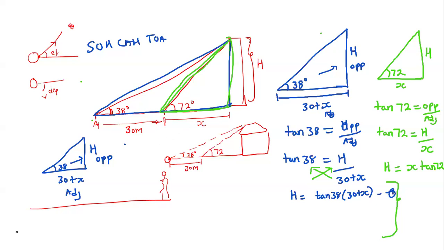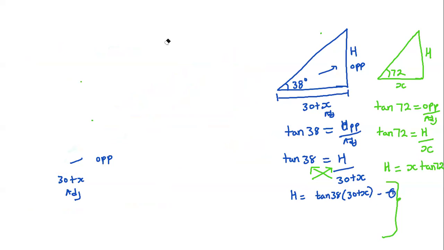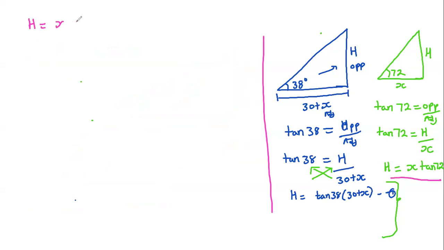So in order for me to eliminate x, allow me to first clear here. To eliminate x, you are going to allow me to use one of the equations to eliminate that x. Now, which equation am I going to use? I'm going to use this one because here we had that h is equal to x tan of 72.